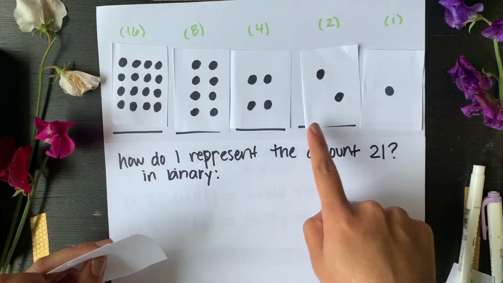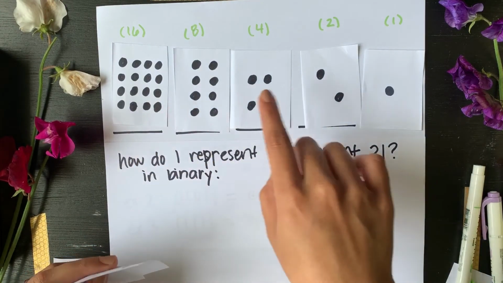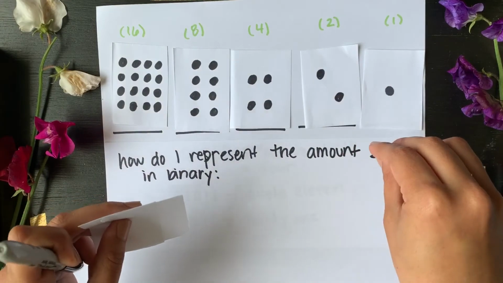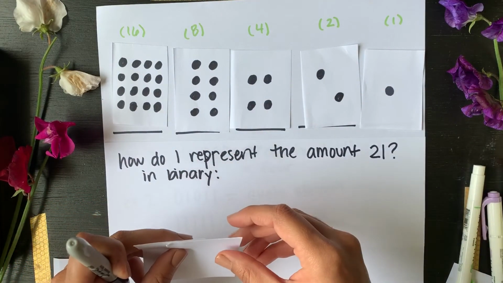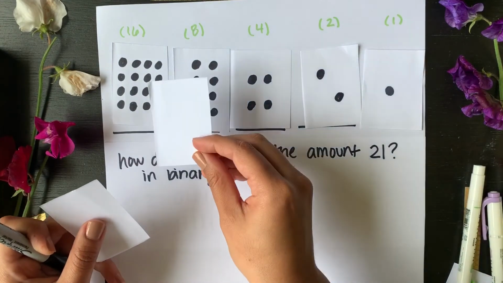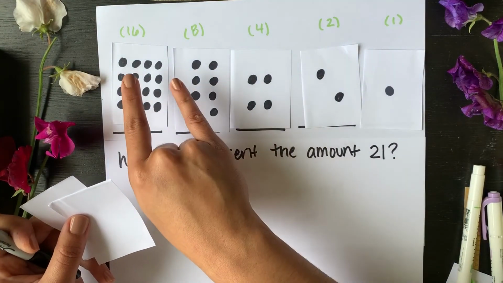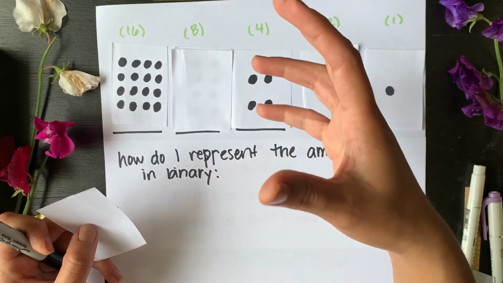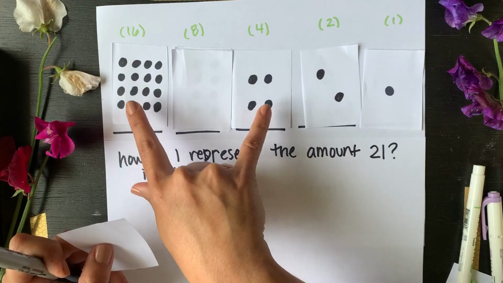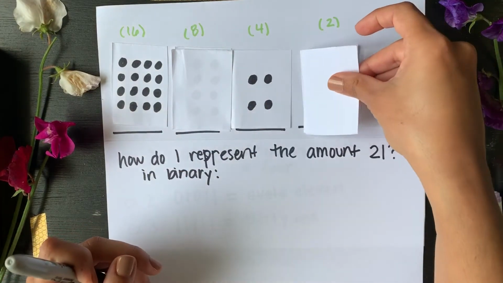This is me thinking out loud now. There's 16. What combination can I make so that I have 21 dots? And you may be able to figure it out. I think 16 plus 8 is going to be bigger than 21, so I don't think the 8's going to be on. 16 plus 4 make 20, and then I could add the 1 to make 21.